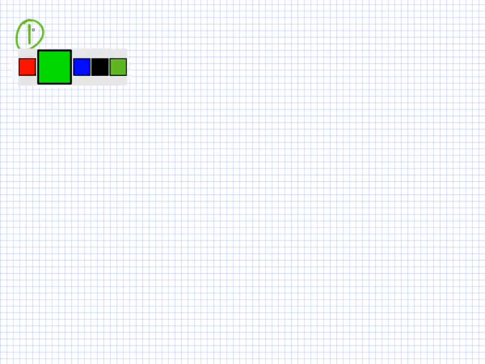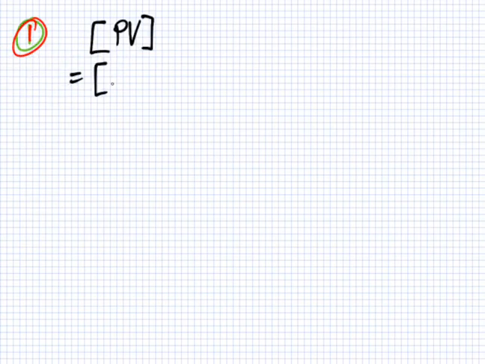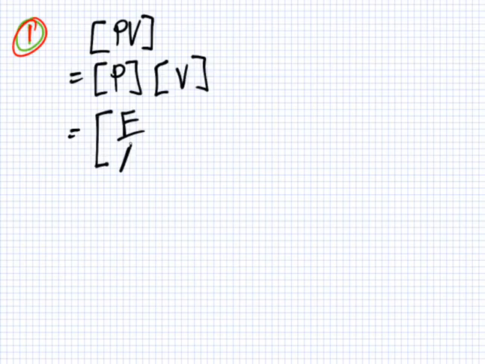Okay, so let's see, the dimension of PV is equal to dimension of P multiplied by dimension of V. What's the formula for pressure? Force over area, and for volume it would be x, y, z if it's a cube.